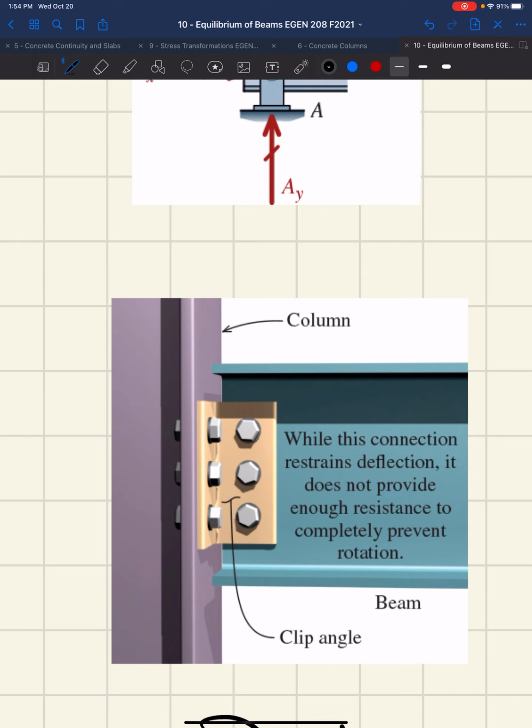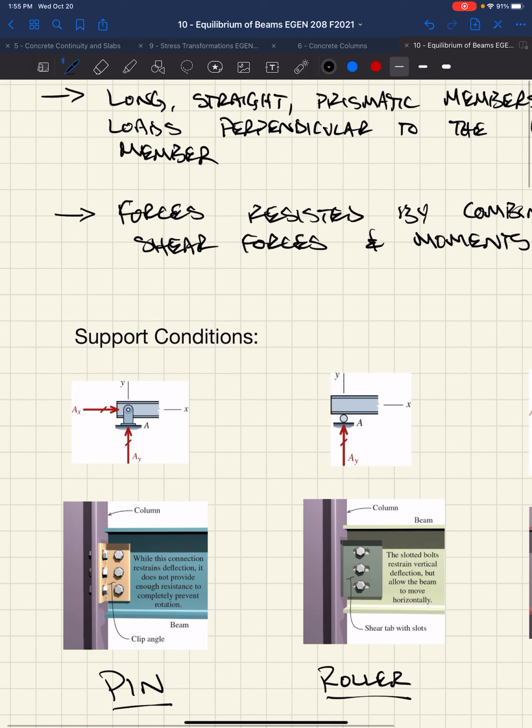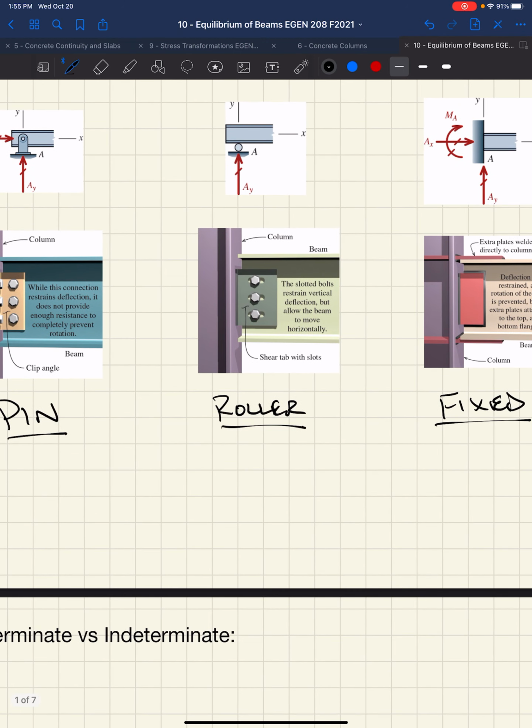If we originally assumed it acted as a pin, that's going to screw up all of our analysis. So we have to think about that when we implement our designs, making sure the assumptions we made, which are an educated guess, hold when we actually design and build it. Stiffness attracts load.